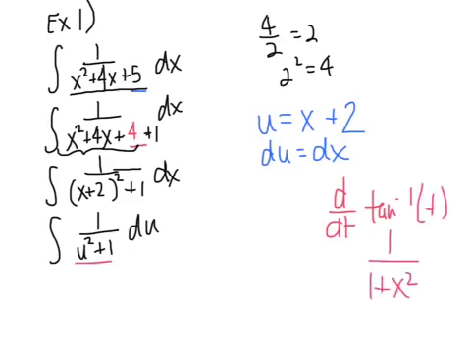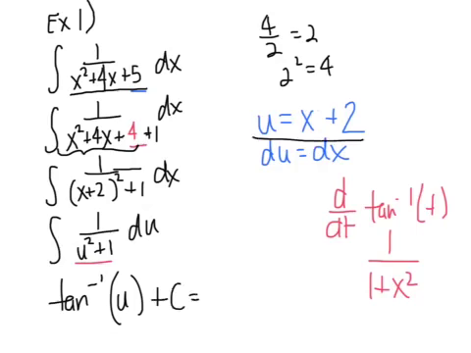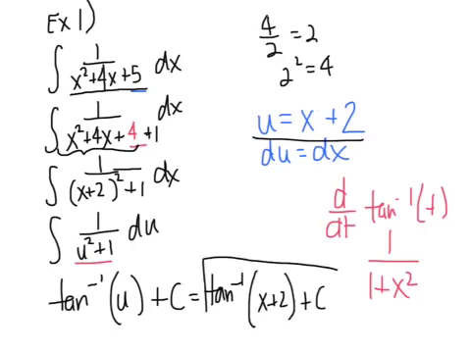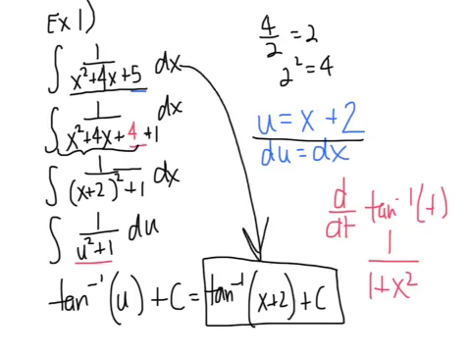And this fits that mold. So this is actually the inverse tangent of u plus c. And of course we would go back and fill in our inverse tangent with x plus 2 instead of u. And that is equivalent to this integral.